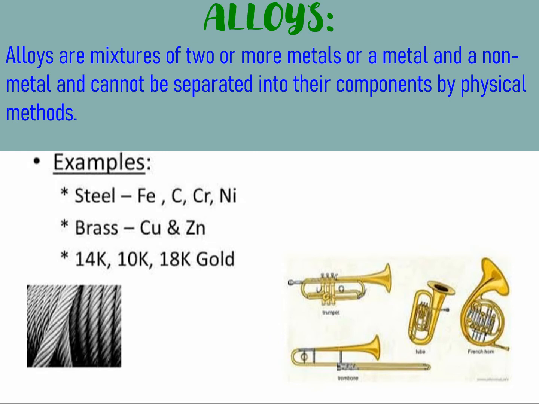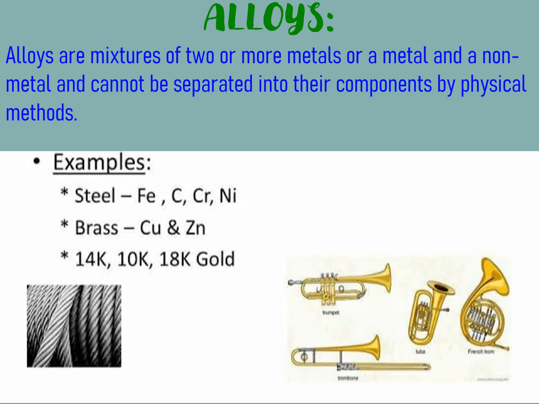In 18 karat gold there are 18 parts of gold and 6 parts of another metal which forms an alloy. So we write karat in terms of calculating the purity of the gold. We can say that most alloys are homogeneous in nature.